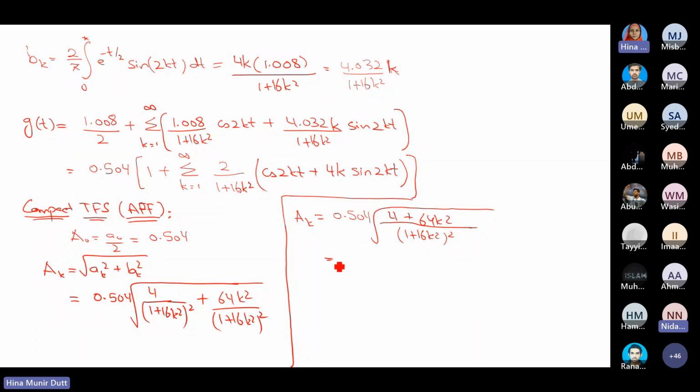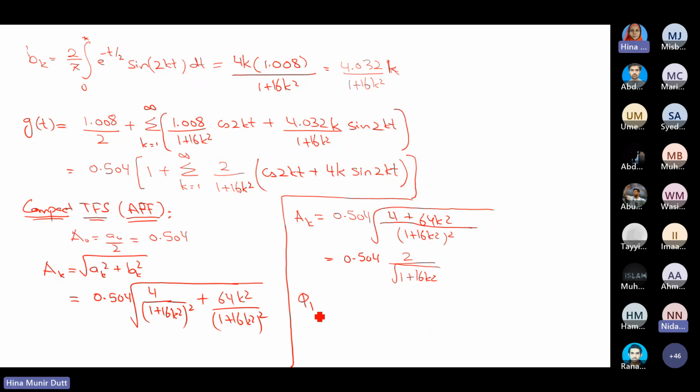I can take this 4 common from here, becomes 2 after coming out of the square root, and inside the square root I have 1 plus this 16k square, which is cancelled with this one. So I have this expression, which I would write rather as 2 over 1 plus 16k square. So this is my Ck.